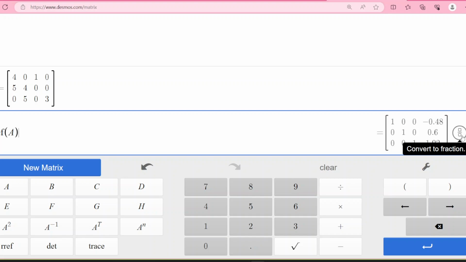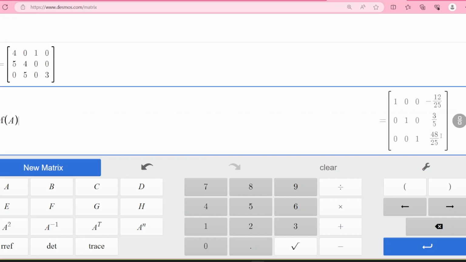Now, this button says convert to fractions, and look at these fractions. We have 1a plus 0b plus 0c equals negative 12/25, so a must be negative 12/25. That's what I had on my paper earlier. Second row, no a, 1b, no c, so b must be 3/5. Again, that's what I had on my paper earlier.